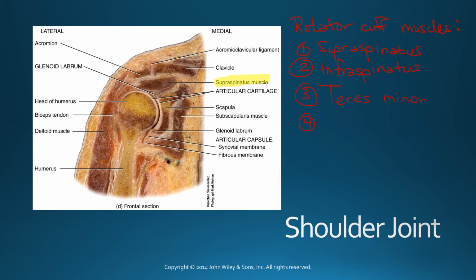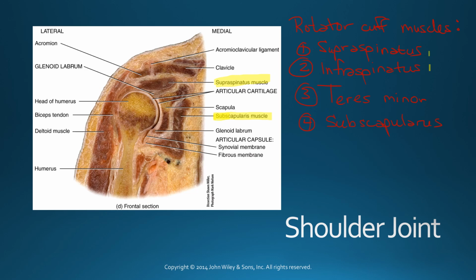And then lastly, we have the subscapularis, meaning below the scapula. Supraspinatus and infraspinatus are opposite, inferior and superior to each other.